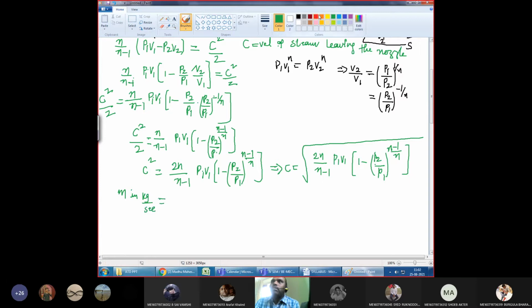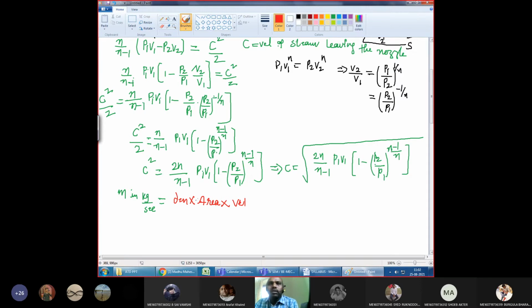Mass can be calculated as the product of density into area multiplied by velocity. So now I have velocity with me. Density into area into velocity.